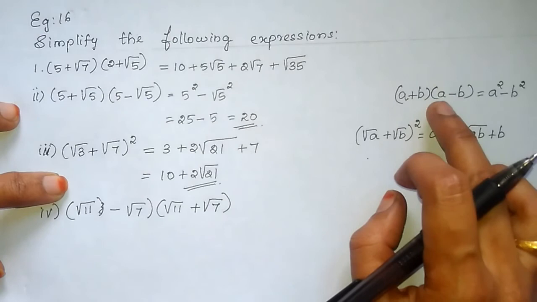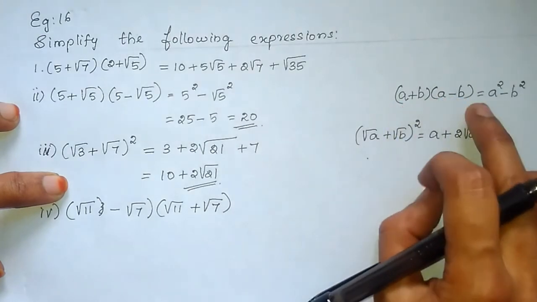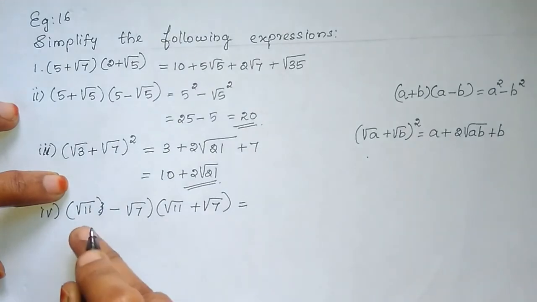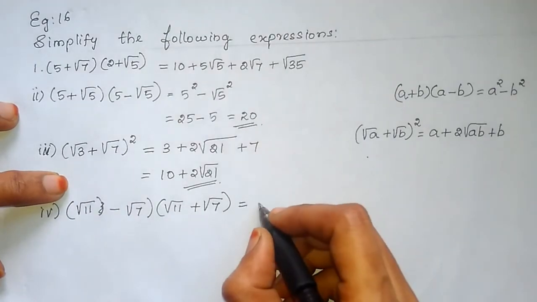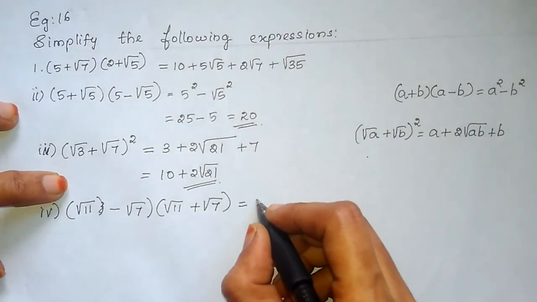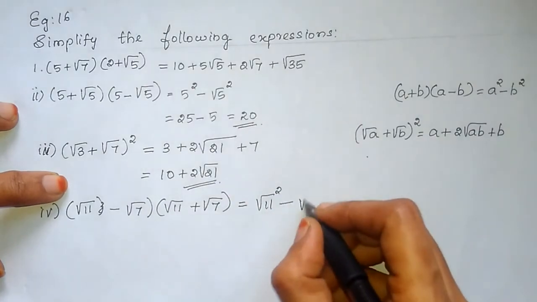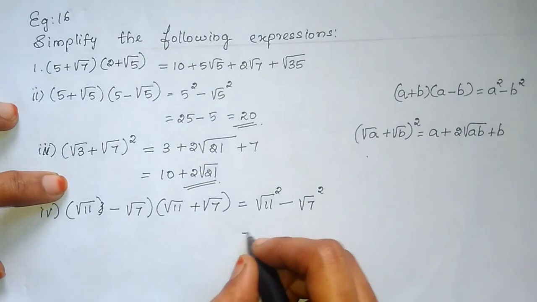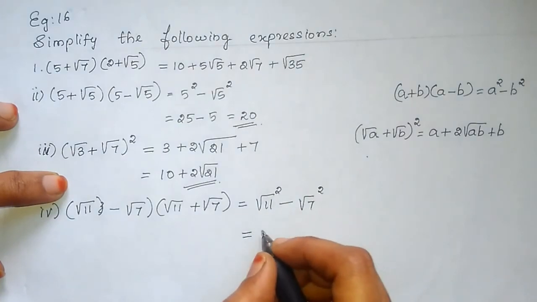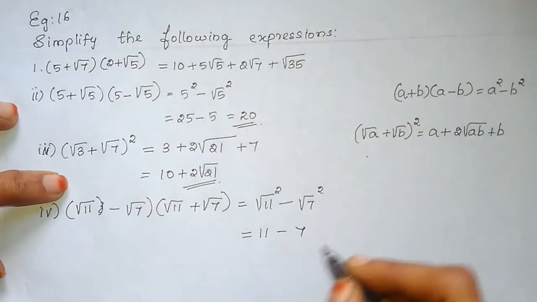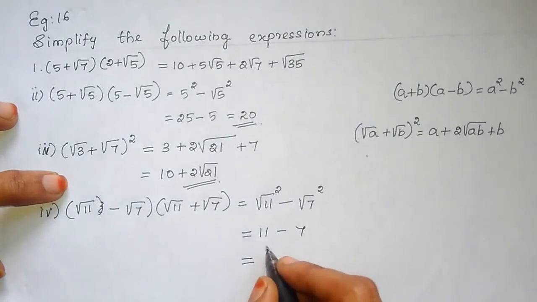So the answer is a square minus b square. Here a is root 11, so root 11 square minus root 7 square. Root 11 square is root 11 into root 11, that is 11, minus root 7 into root 7 is 7, which is equal to 11 minus 7 is 4. This is the answer.